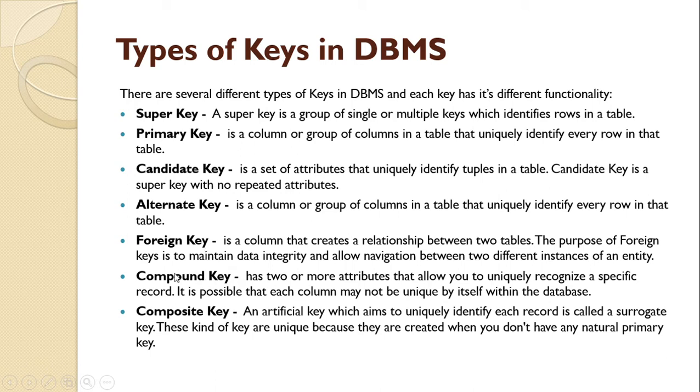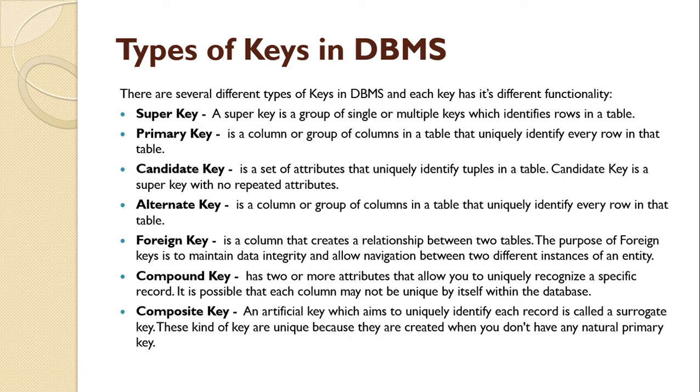Foreign key: a column that creates the relationship between two tables is known as a foreign key. The purpose of a foreign key is to maintain data integrity and allow navigation between the two instances of an entity. Compound key: two or more attributes that allow us to uniquely recognize a specific record.